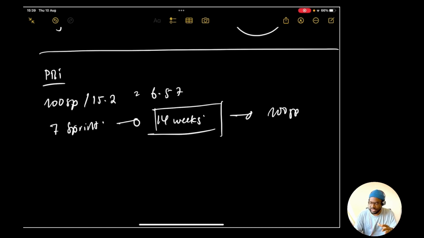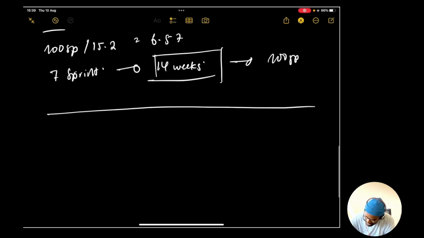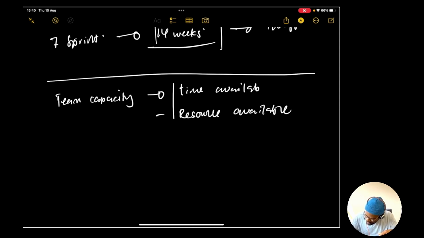Again, you have to understand that there are other variable factors that will come into play, because this is the perfect scenario where your team members don't fall sick and everything is fine and rosy. When it comes down to this, we have something called team capacity. In short, team capacity is just the time available and the resources available.